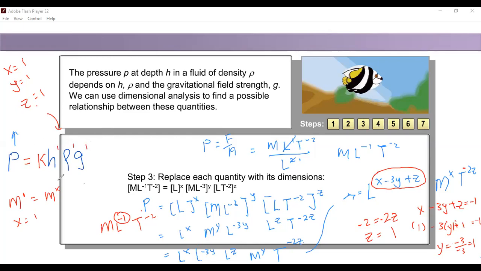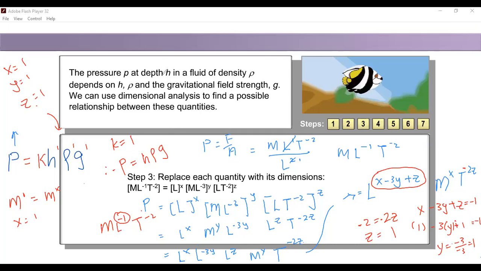So finally, from the equation, we notice that the k without anything, they didn't show anything to the k. So that means that we can set the k equal to 1, so as a result, prove that the p, how is the formula? Formula is hash rho g, because 1, 1, 1.